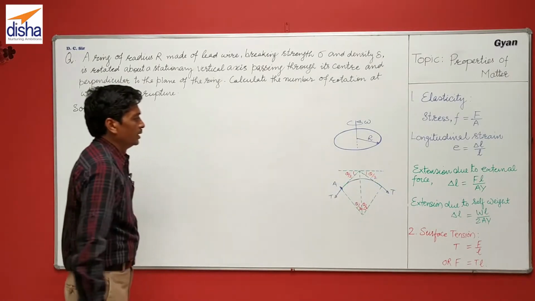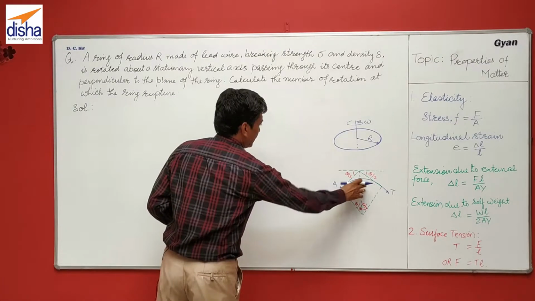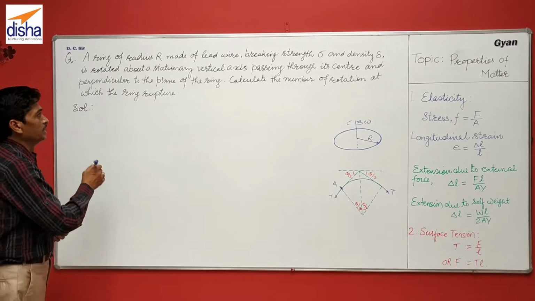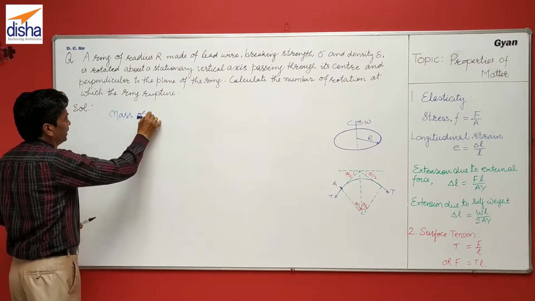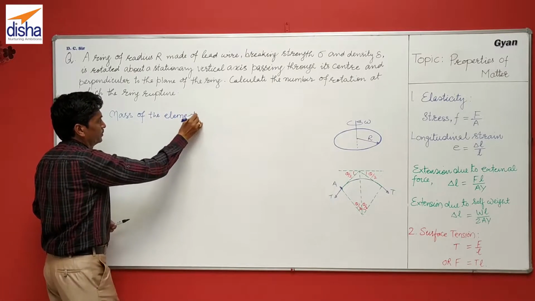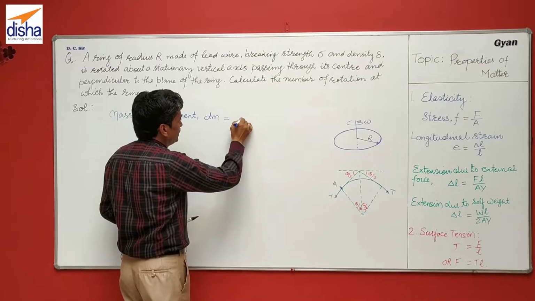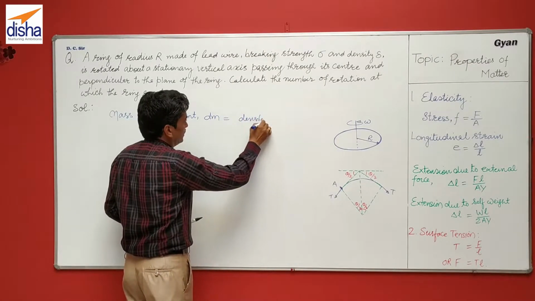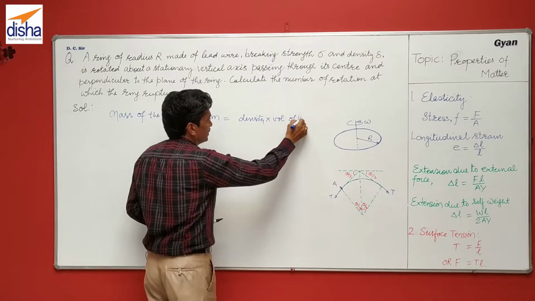Okay. Now first we have to find the mass of this element. So the mass of the element dm is equal to density into volume of the element.